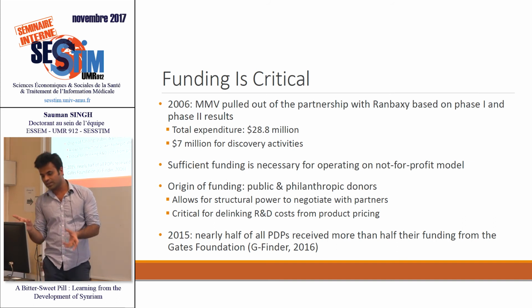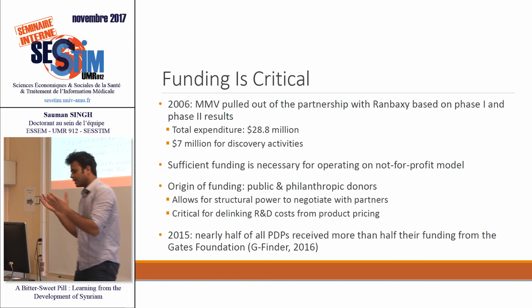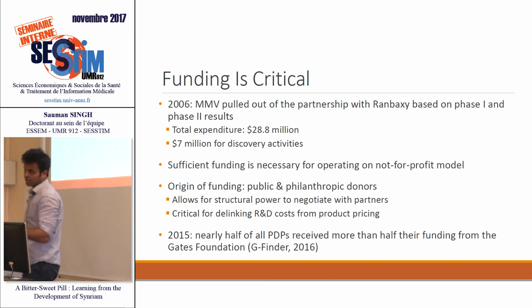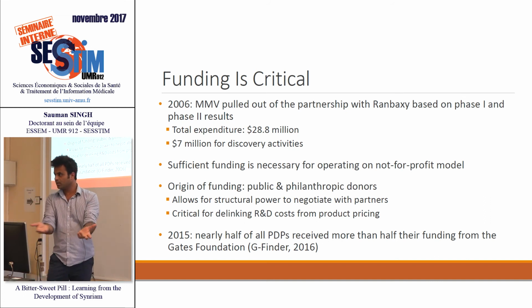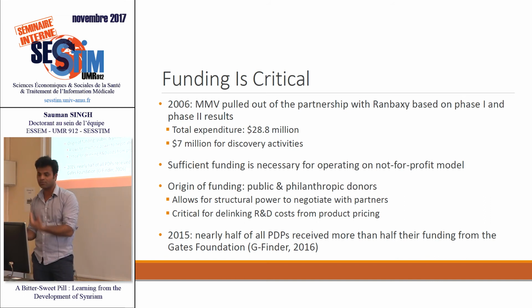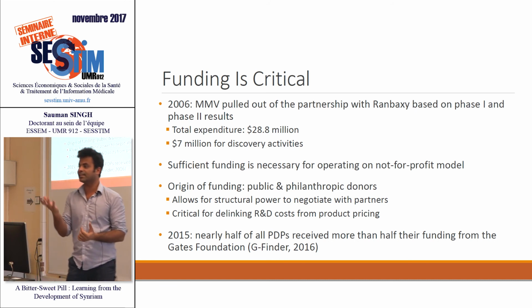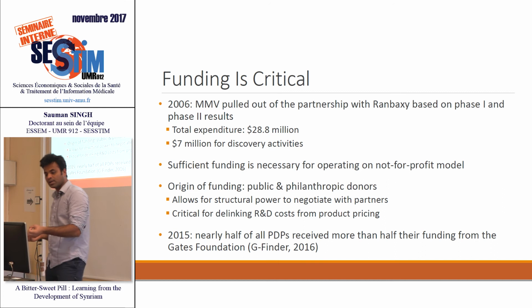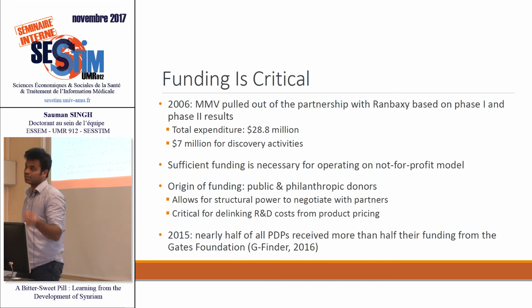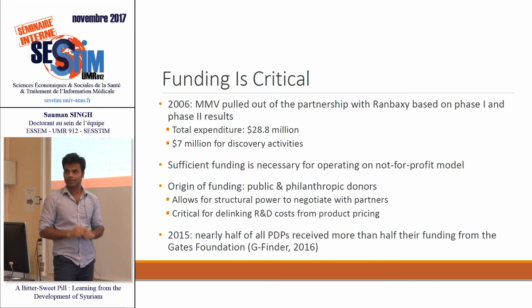This is actually a very important factor because it gives structural power to PDPs to negotiate terms and conditions: we are giving you money, we are financing clinical trials, now you have to reduce the price. This delinkage of R&D cost from the final product only comes because of this institutional funding.